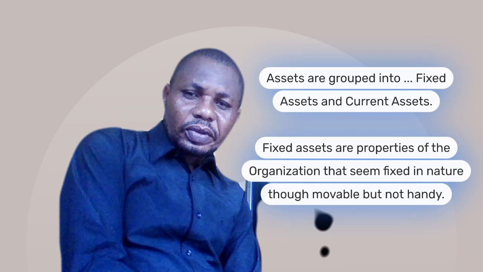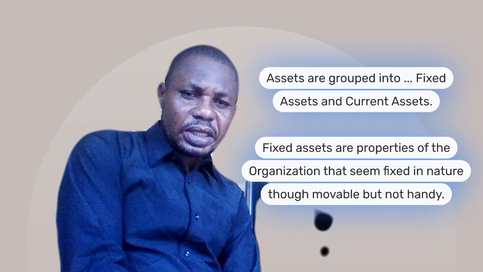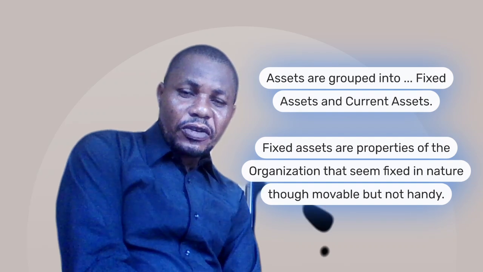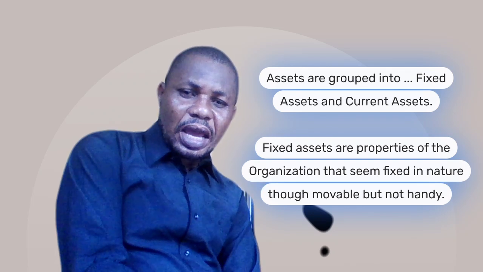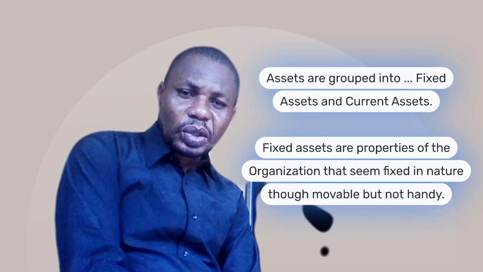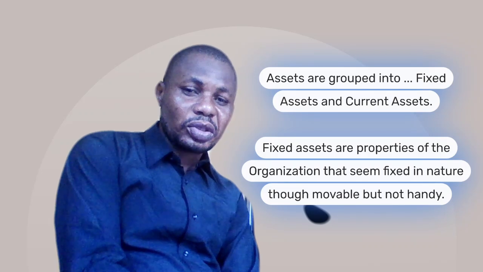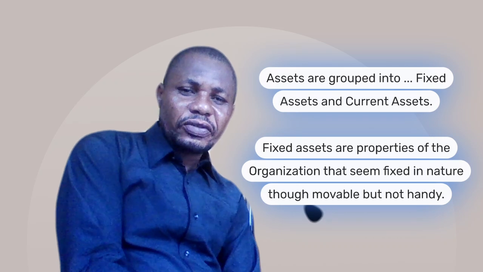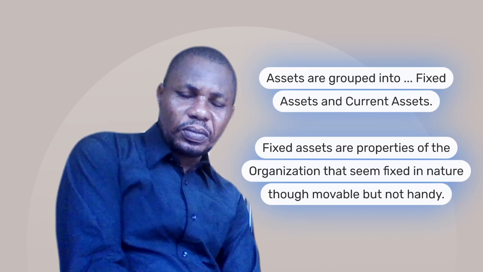Now, assets are grouped into fixed assets and current assets, as we have identified before. Fixed assets are properties of the organization that seem fixed in nature, though movable but not handy. For the purpose of this class, we are defining fixed asset in this manner because we want to drive something home.